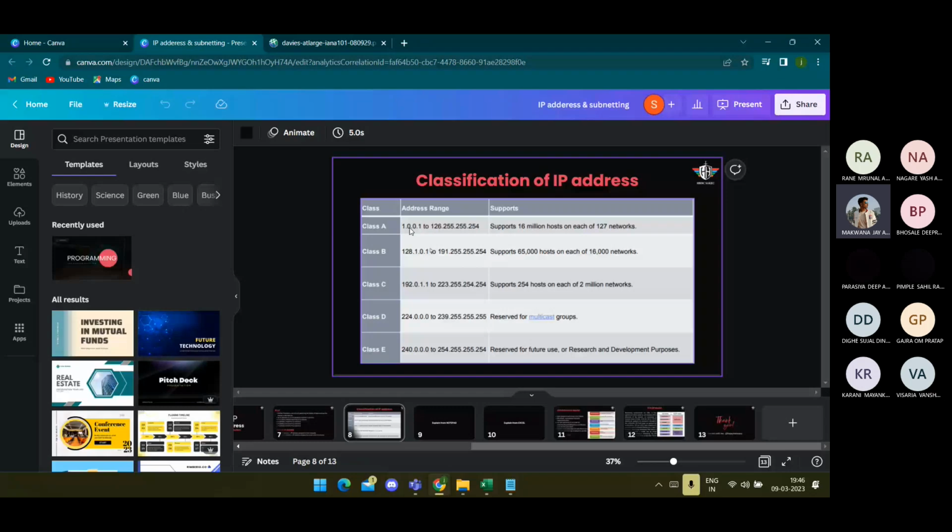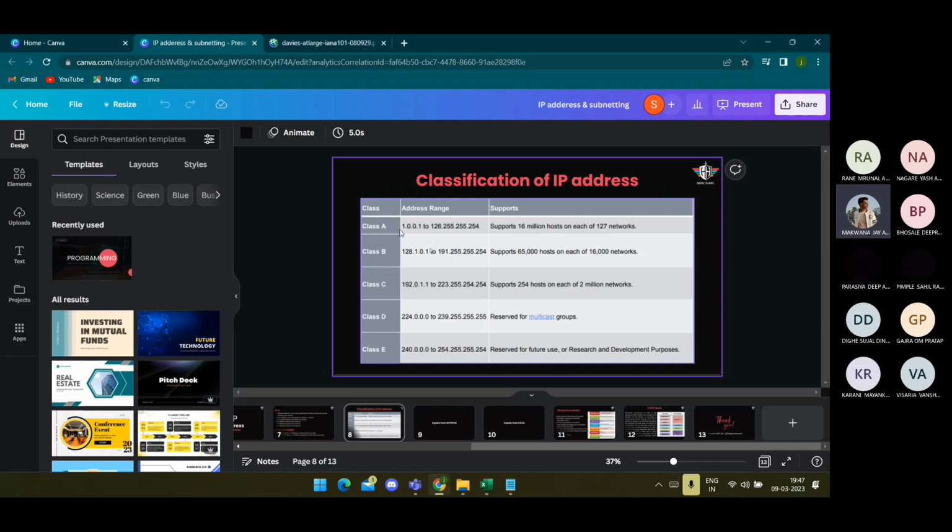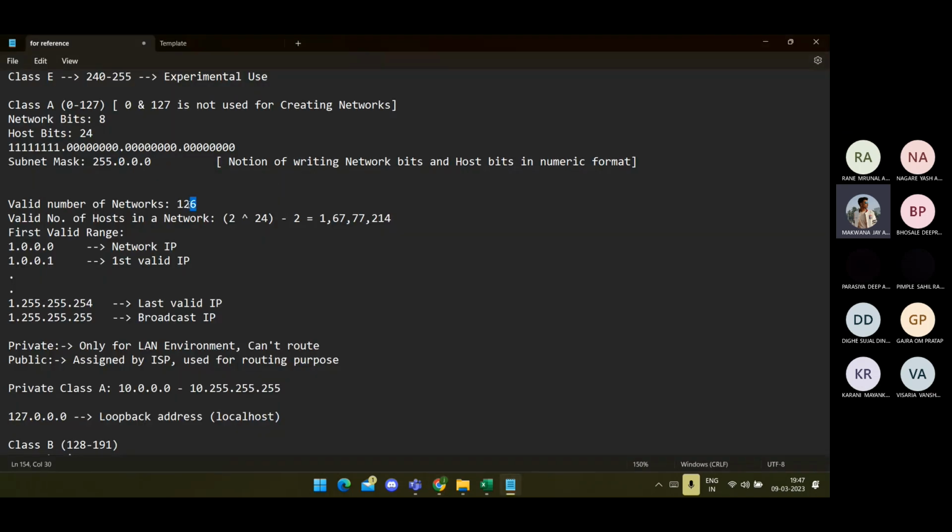For class A, we consider the first octet as the network bits, so we only talk about the first octet when we are talking about the network. We can create networks from 1 to 126, and we are not talking about the other 3 octets because they are used for hosts. So this is the number of networks.